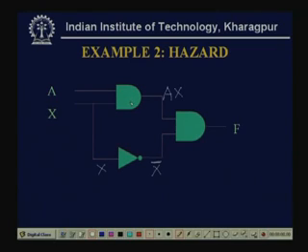So, if the two delays are the same, then at the same time this AX and the X complement are available and we will get a correct output F. So, there will be no hazard in the circuit.